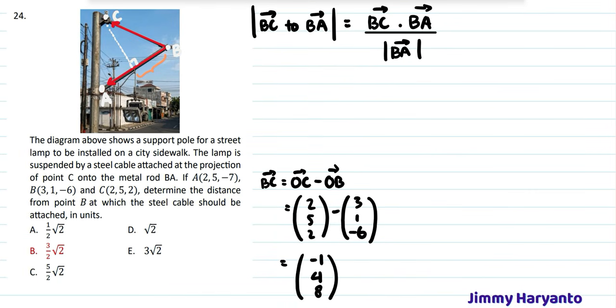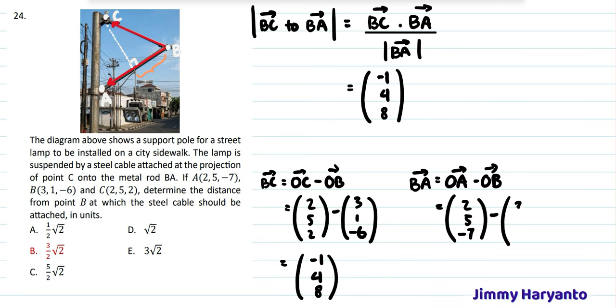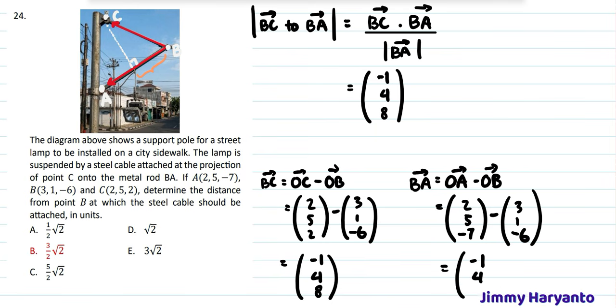So negative 1, 4, 8 for BC. And then for BA, it will be OA minus OB. OA is (2, 5, negative 7), OB is (3, 1, negative 6). Minus it, you have (negative 1, 4, negative 1).